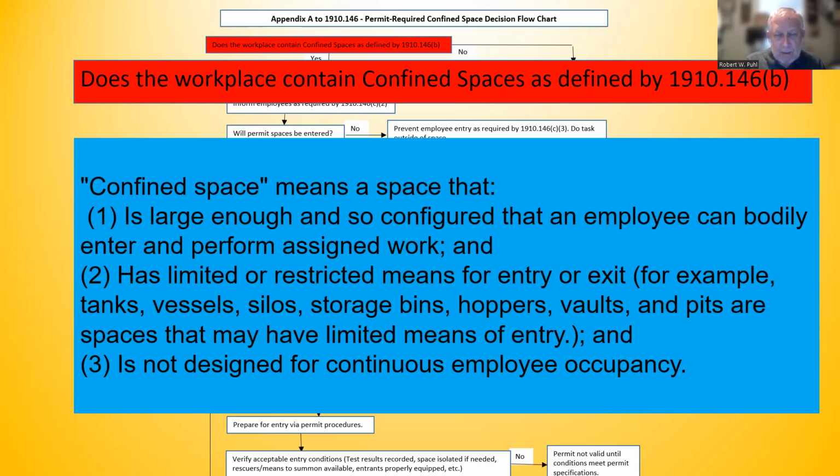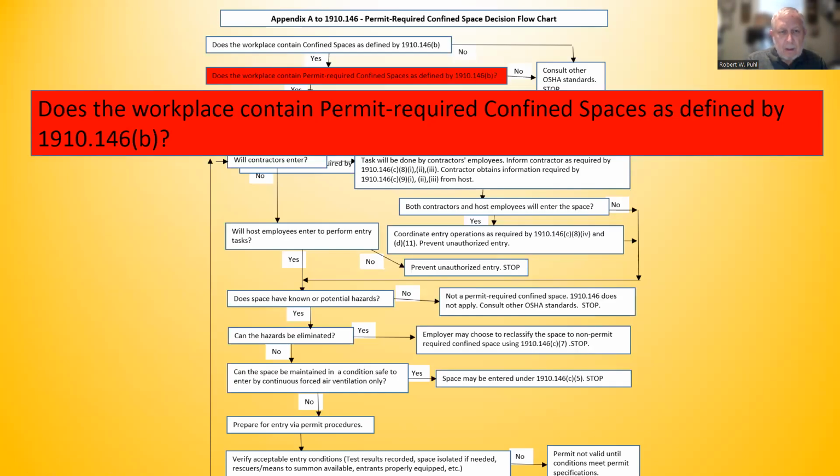That's a confined space. Now, remember the question here is confined spaces, not permit required confined spaces. Next question: does the workplace contain permit required confined spaces as defined by 1910.146(b)?